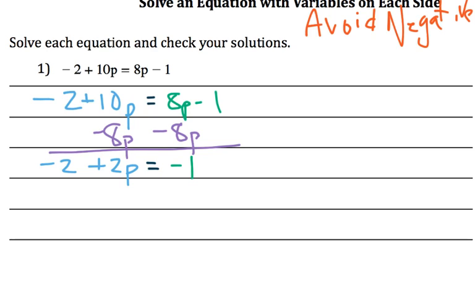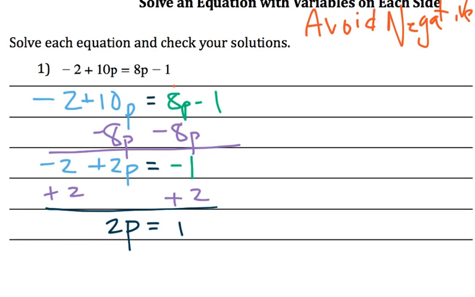On the left side, p is still not by itself. It has a constant with it, just a regular number. So let's take minus 2 and add 2 to both sides, so that now we're getting closer and closer to having the variable all by itself. Now let me hammer home what I'm saying there. Here we had 1, 2, 3, 4 terms, and then 2 of those 4 terms had variables.